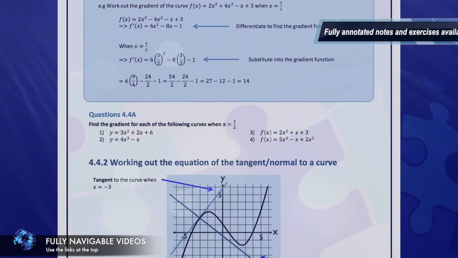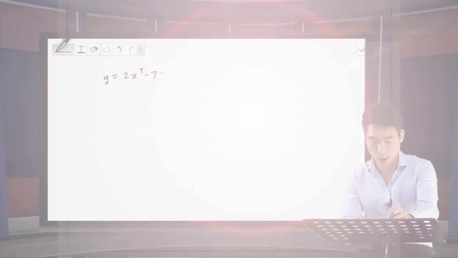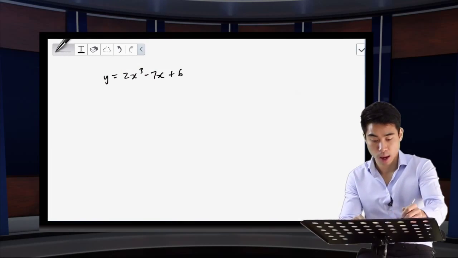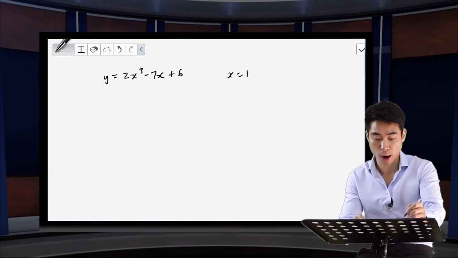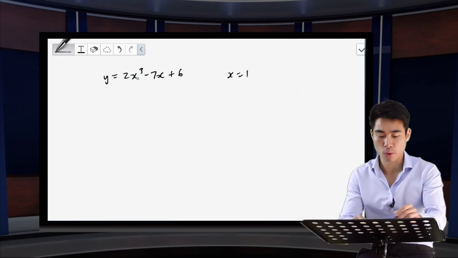So the curve that we're going to be looking at is this one, y equals 2x cubed minus 7x plus 6. And when x equals 1, we want to work out the equation of the tangent to this curve when x equals 1.